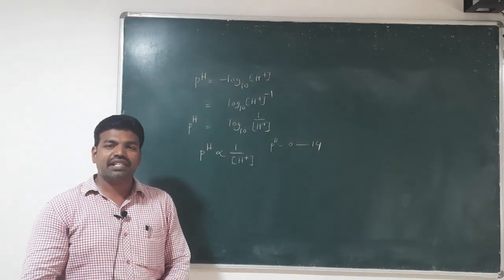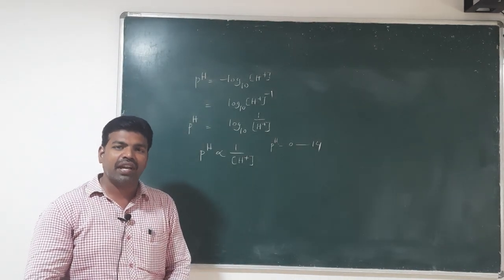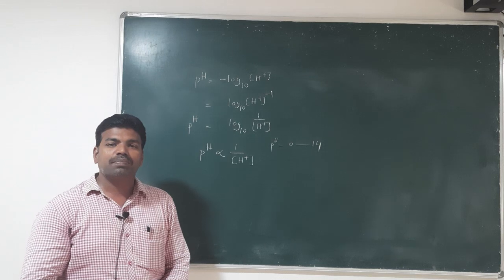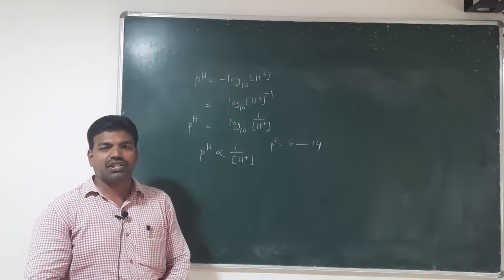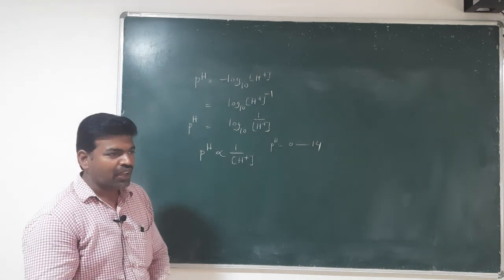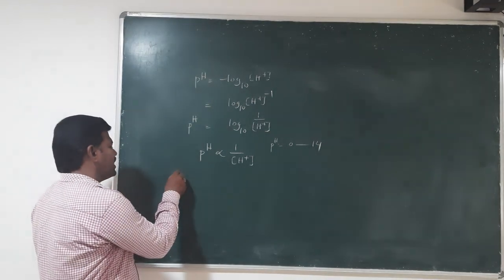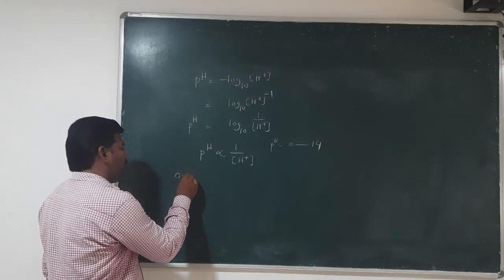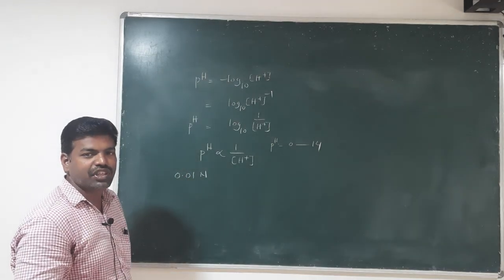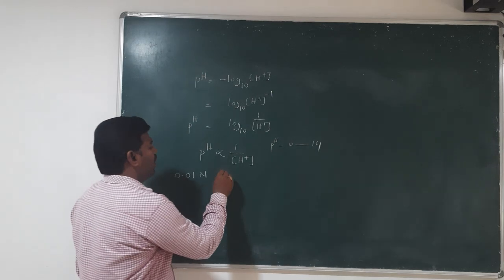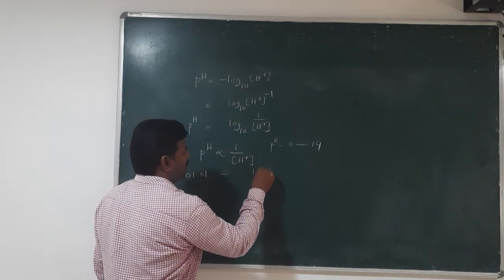Now we shall see what would happen when we go from low concentration of H plus ions to high concentration of H plus ions. I take the low concentration of H plus ions as 0.01 normal and the high concentration as 1 normal.